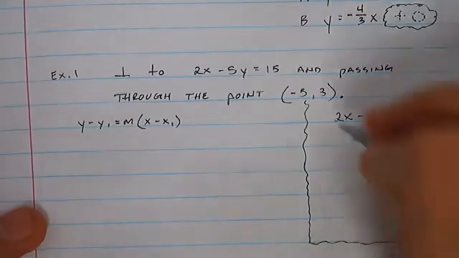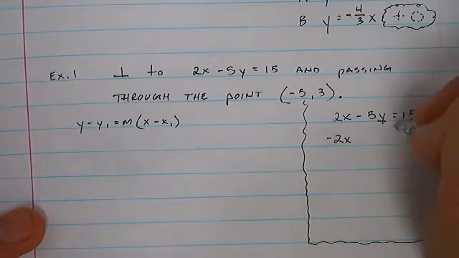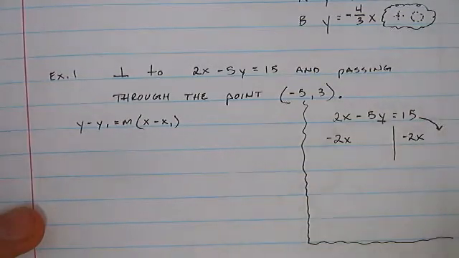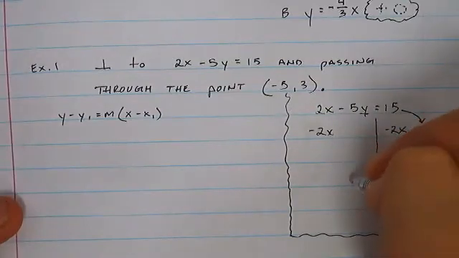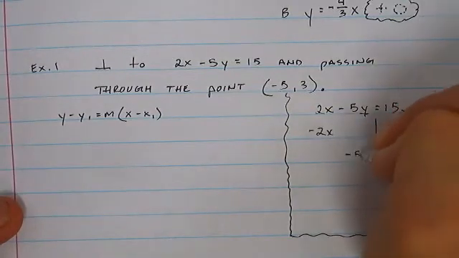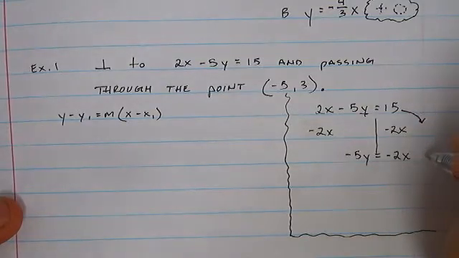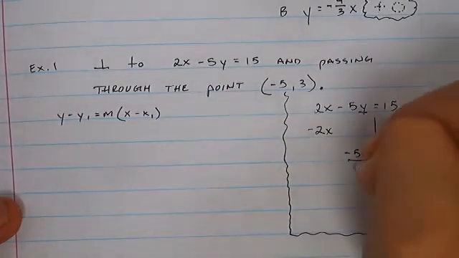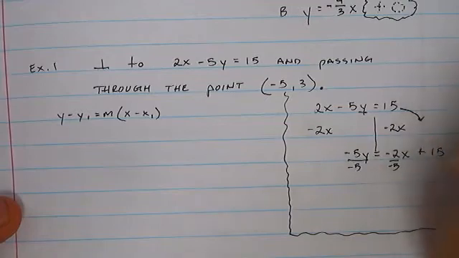The first thing I'm going to do is move this 2x onto the other side. Okay, so moving 2x over here, I cannot take 2x from 15, so he just kind of bumps out, right? So what do I end up with? I have negative 5y equals negative 2x plus 15. And then I'm going to divide everything by negative 5 so that y is by itself.